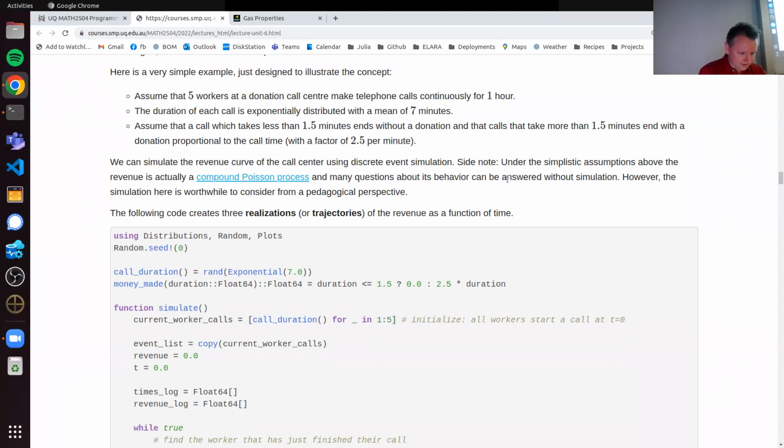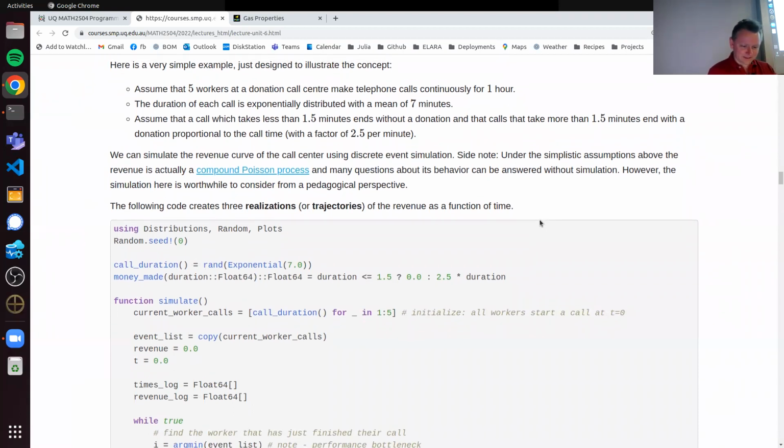So what we're going to assume is that short calls that take less than a minute and a half are people who don't want to donate, and calls longer than 1.5 minutes are people who will donate some amount of money. And the longer you stay on the phone line, just as a mathematical model, the more you're going to donate, right? If you're going to give more of your time, you're probably going to give more of your money.